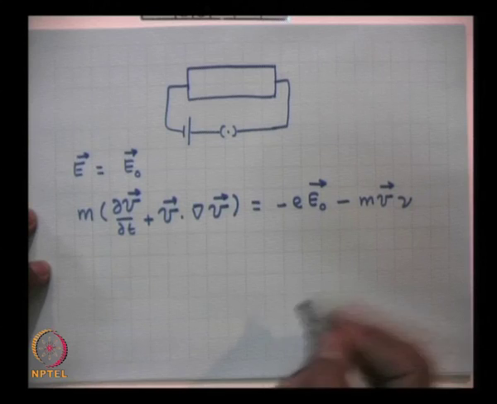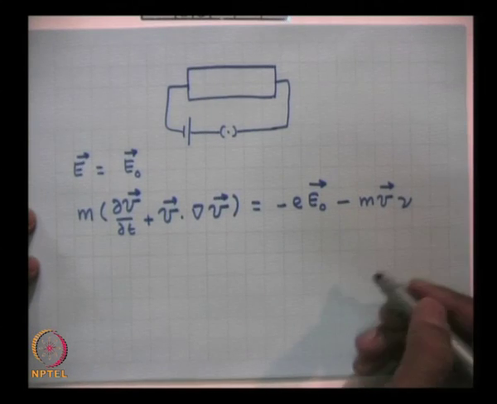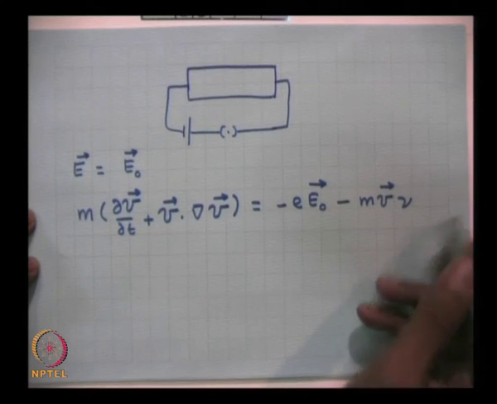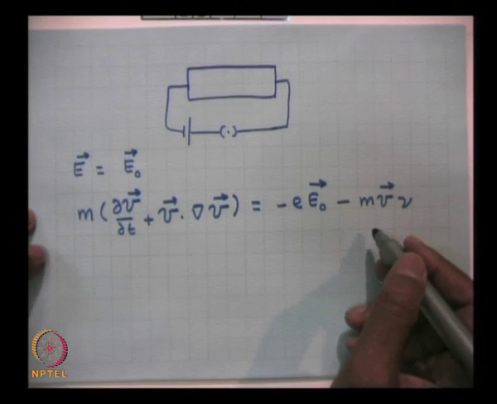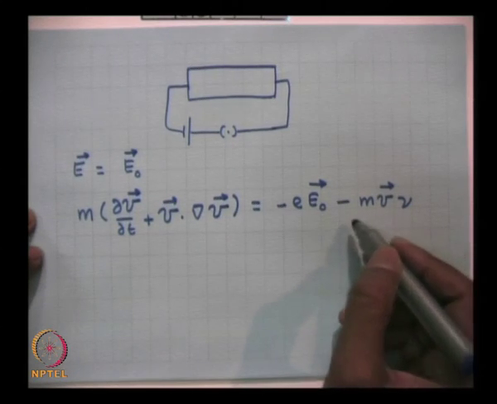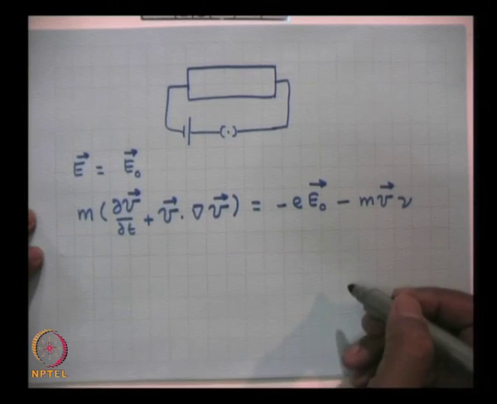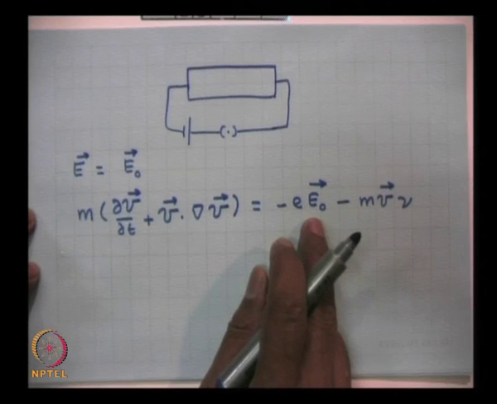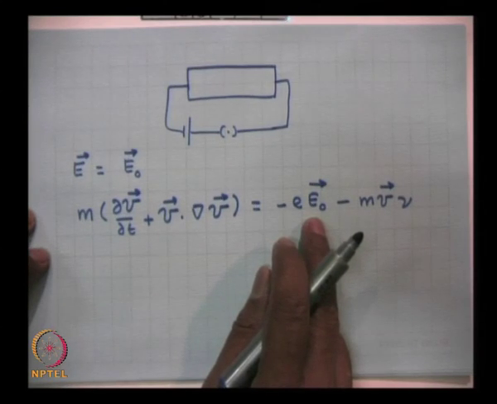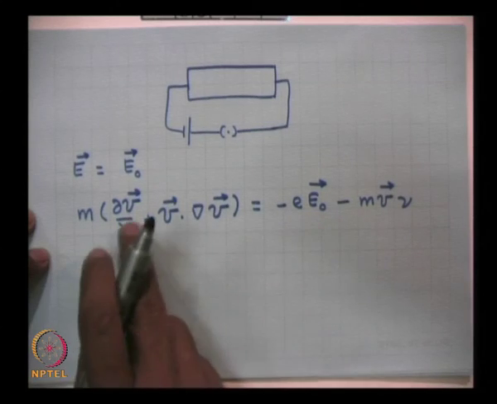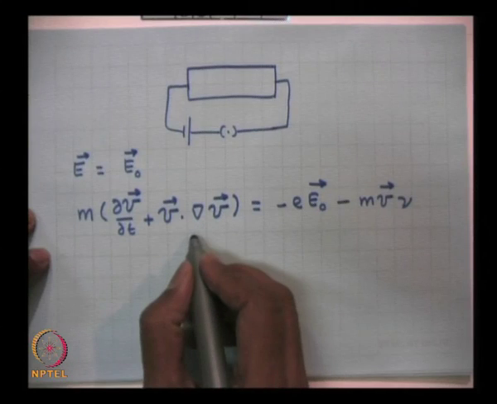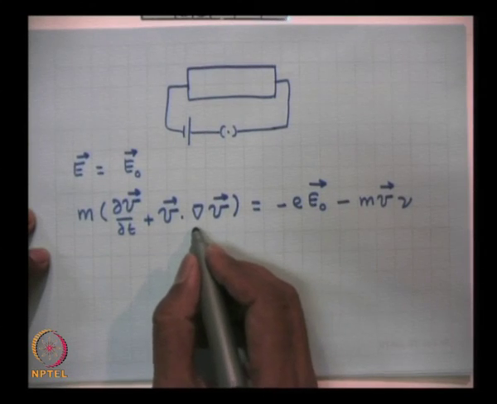I am presuming that the density and temperatures are uniform, and hence I am not writing the pressure gradient term. I am also presuming that there is no DC magnetic field, and hence I have not written the v cross B force. Well, if I further assume that the source E0, also called the driver, does not depend on position, then the response v should also not depend on position, and hence this convection term can also be ignored because v does not depend on position.